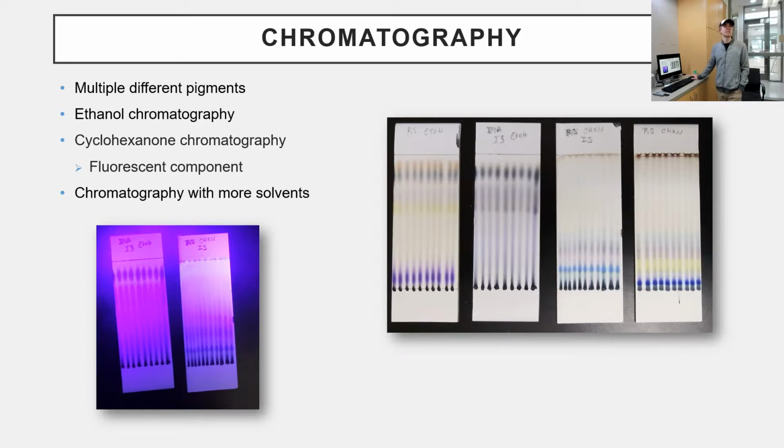And then I found that cyclohexanone was fluorescent, so that's when we started getting into whether our solvents were contaminated. Oh yeah, that's right. So where's the fluorescence there? It's right here. So this area here is the fluorescent part, this band at the top. Okay.